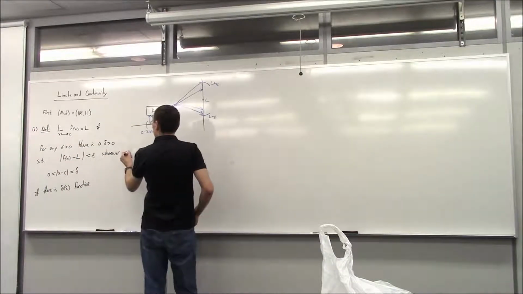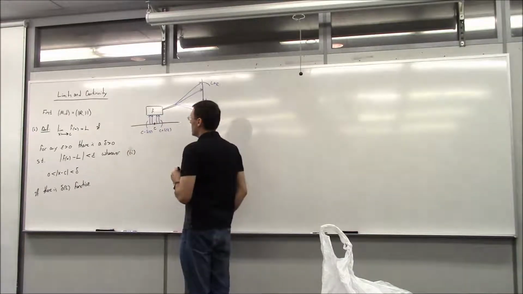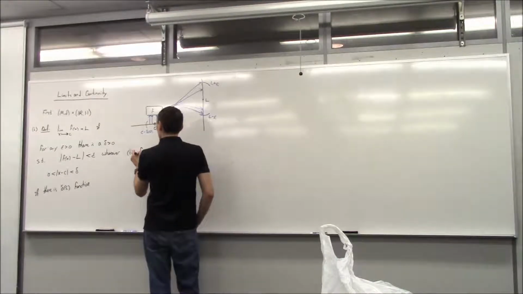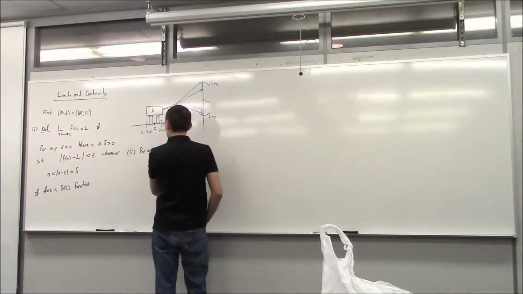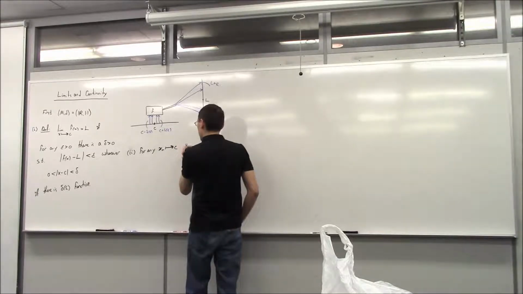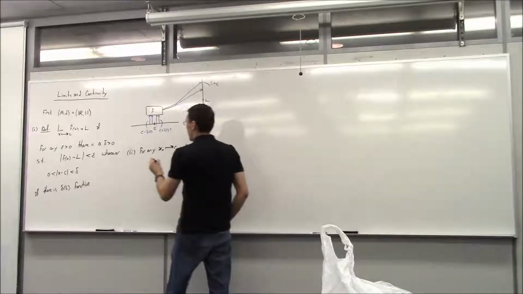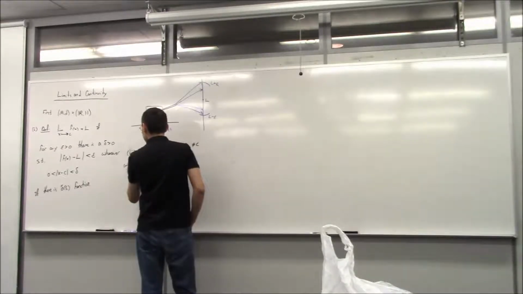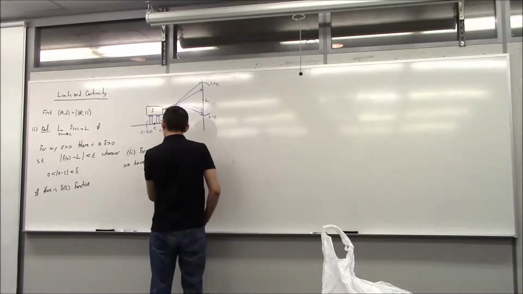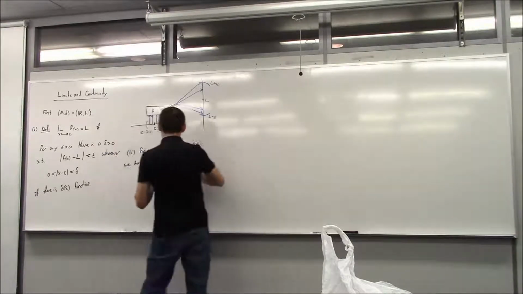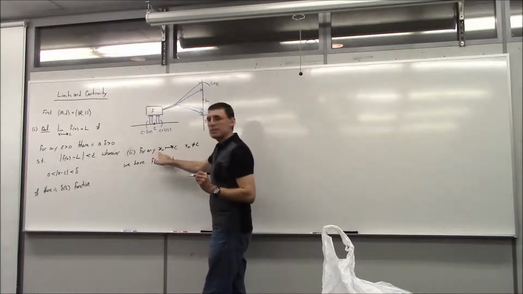Now we might have another attempt to define limit at L. We might say that for any x sub n going to c, with the explicit assumption that no x sub n is ever equal to c, we have that f of x sub n will go to L. Now this is in terms of sequences.